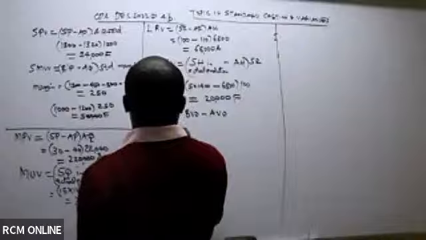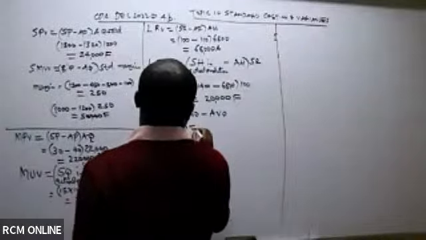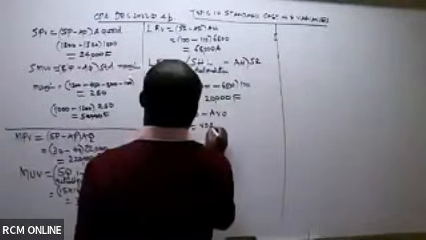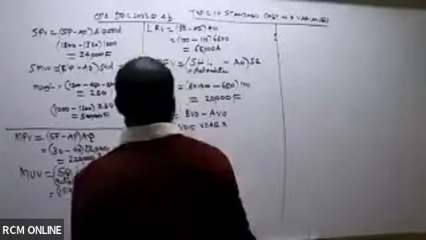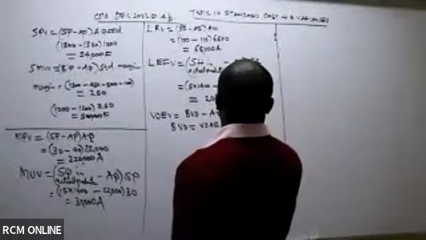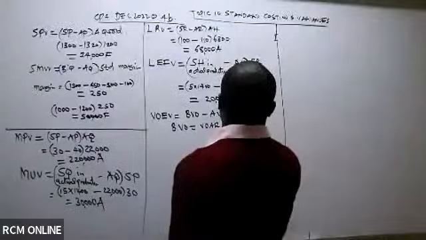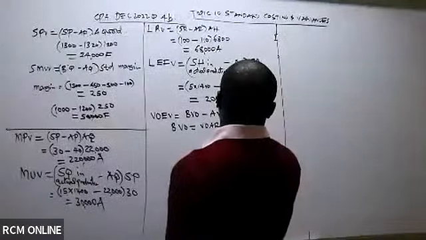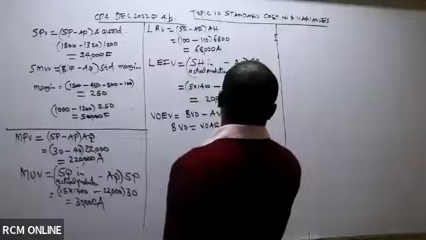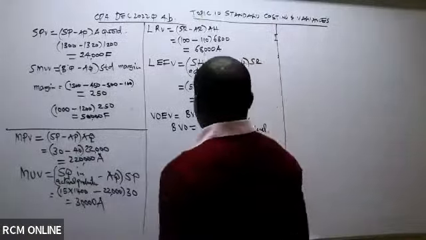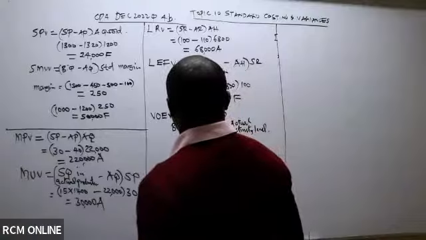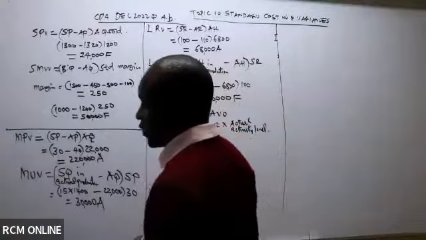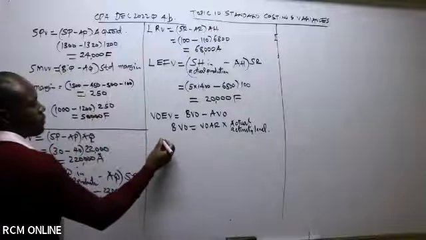But budgeted variable overhead is equal to variable overhead absorption rate multiplied by actual activity level. Good. So let's see what we are going to add here.